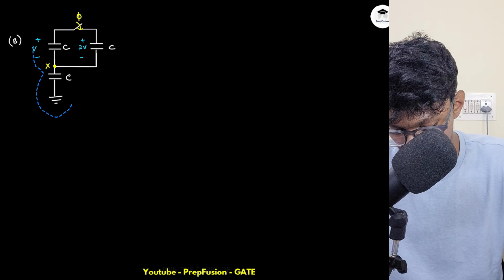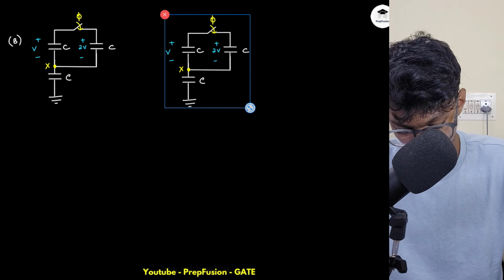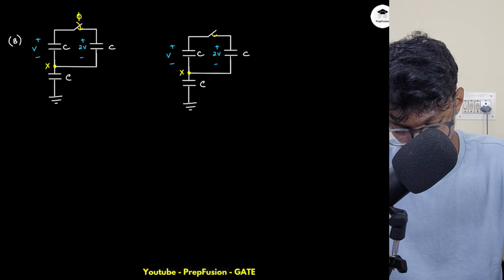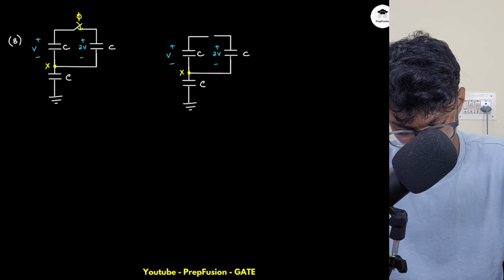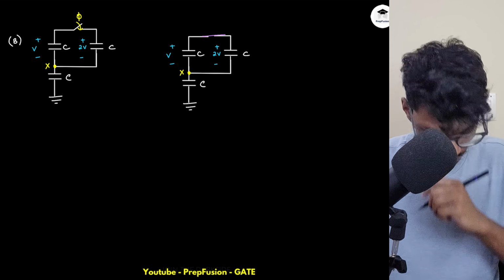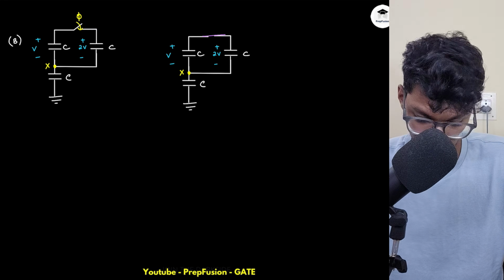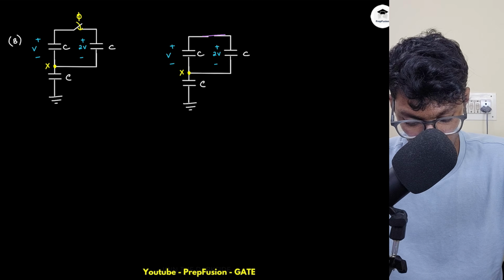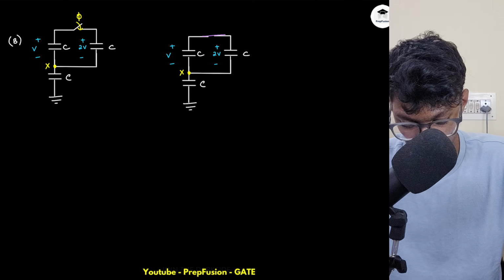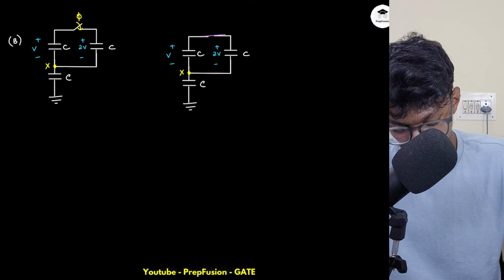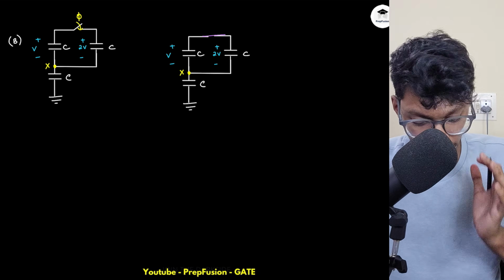So at t equals 0, the switch has been closed. Basically again I can use the same formula.